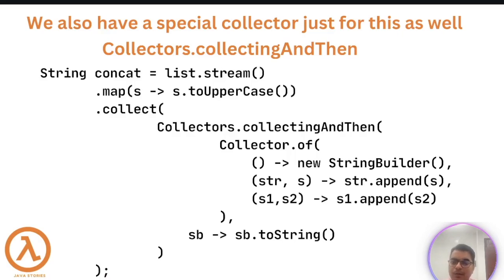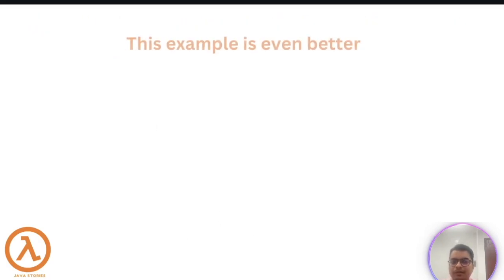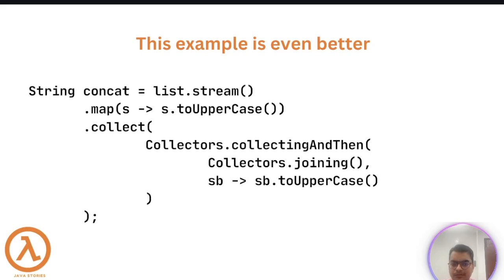These examples don't look so good. Let us see an even better example of collectingAndThen. Suppose we want to join, basically. So we have used Collectors.joining as the first parameter, which of course is also going to return a collector, and it is going to join all the strings, all the stream of characters, and after that I provide the second parameter as a finisher here.